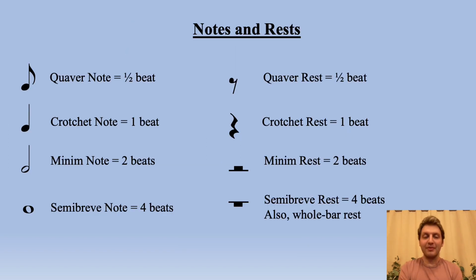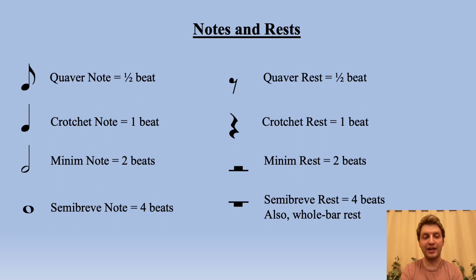Okay, now we're going to the names of 4 different types of notes and their equivalent rests. So quaver, you'll see we didn't have that in Twinkle Twinkle Little Star, but it is smaller than a crotchet in that it's worth half a beat.